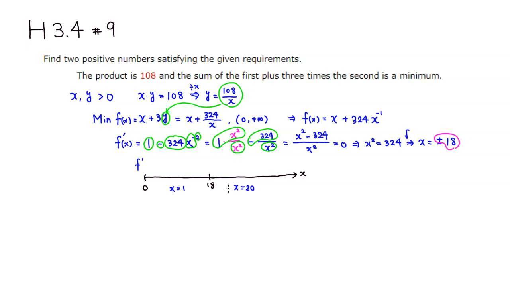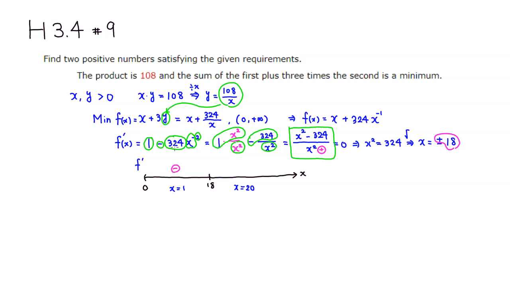All right, then if you plug into the derivative, the easiest one is probably this one right here. We just want to know the sign. We don't need the actual value, right? The good thing is the denominator has a square, so it's always non-negative, so it's actually positive here. So we don't have to worry about the denominator. We just have to worry about the numerator. When x equals 1, 1 minus 324 is definitely negative.